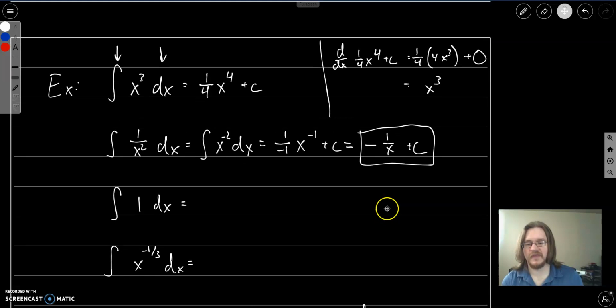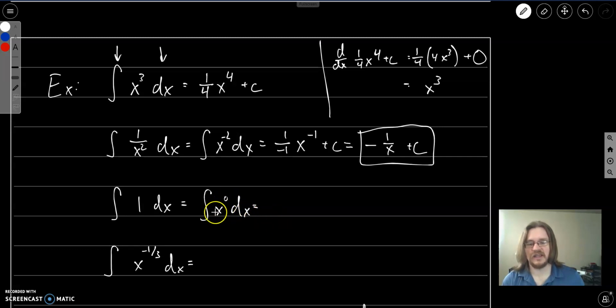Let's do a couple more. Here I've got the integral of 1. And 1 doesn't look like it has any x's in it, but I can write this as x to the 0 power. Anything to the 0 power is 1, other than 0. So x to the 0 power is 1 dx.